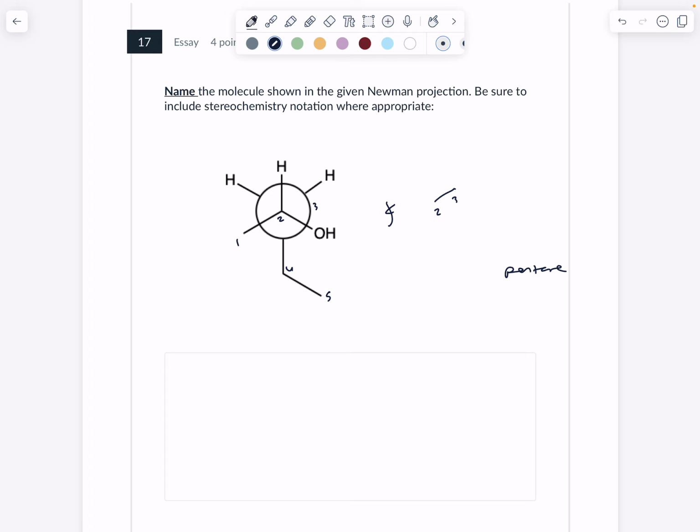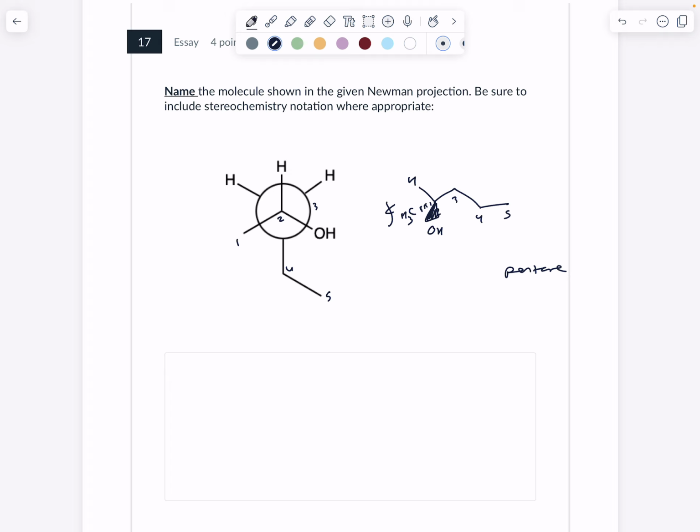So from carbon 3, we have carbon 4 and 5 coming directly down in the plane of the page. At carbon 2, we have a hydrogen coming up in the plane of the page, and then coming out and to the right, so pointed towards me, if I'm looking from this direction, is an alcohol. And into the plane of the page is a CH3.